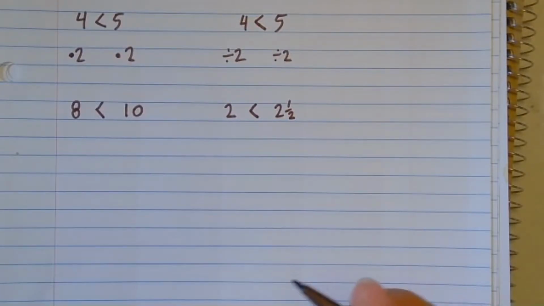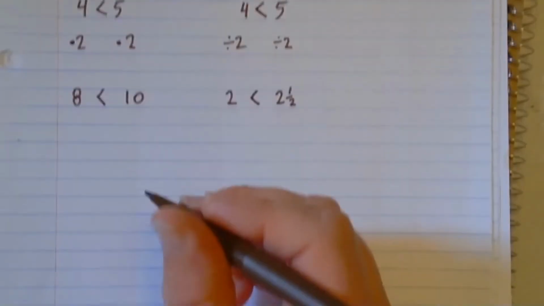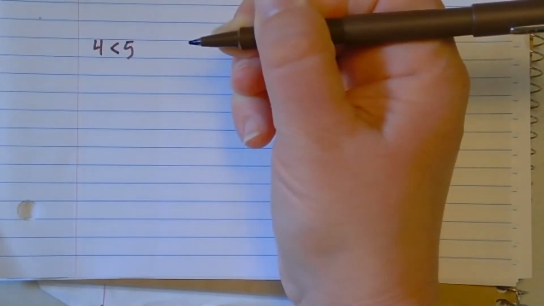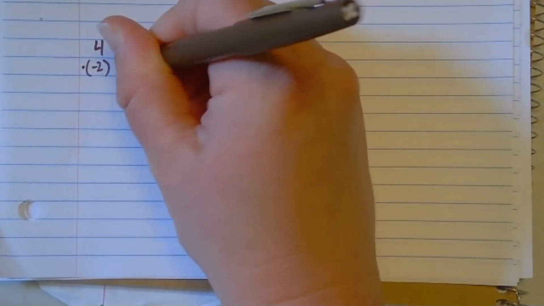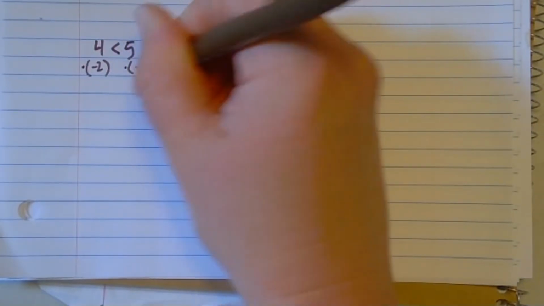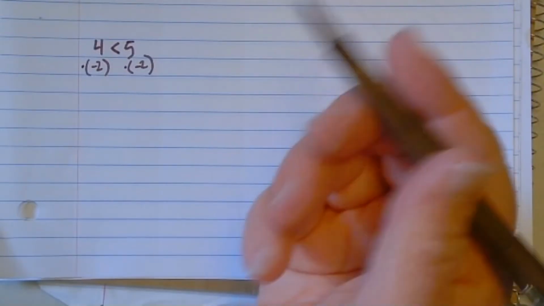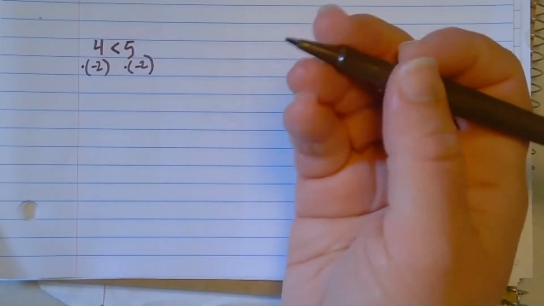So what happens if I have a negative? Let's look at that. So I've got 4 is less than 5. And I multiply both sides by negative 2. 4 times negative 2, a positive times a negative, is going to be a negative.